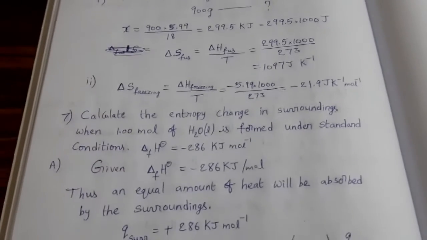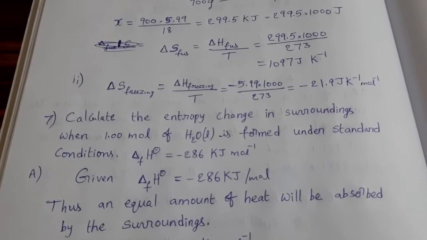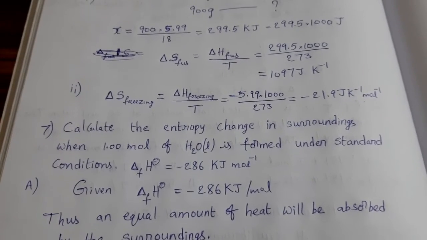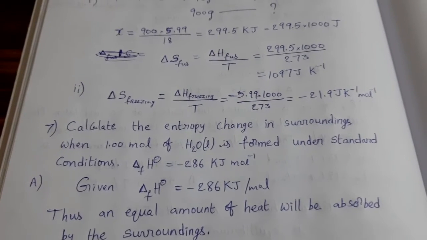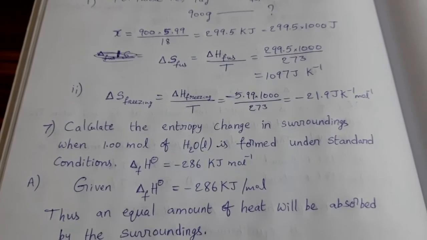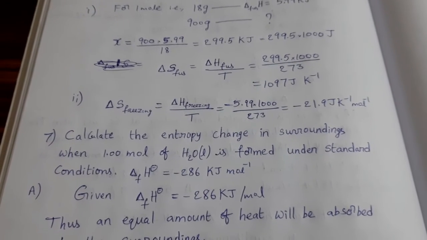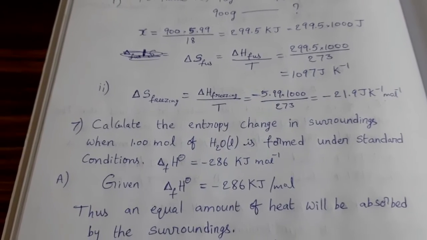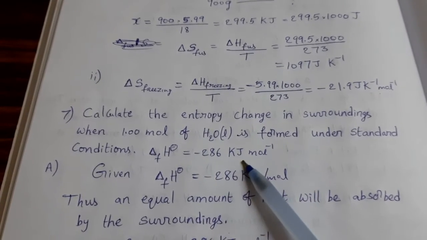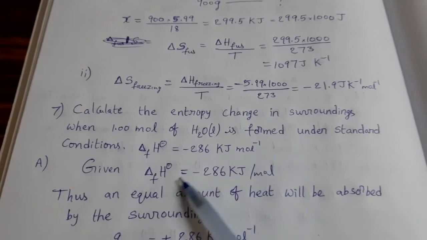Okay, see the next one. Calculate the entropy change in surroundings when 1 mole of H2O in liquid state is formed under standard condition. Enthalpy change for formation of water is minus 286 kilojoule mole inverse, the given value.